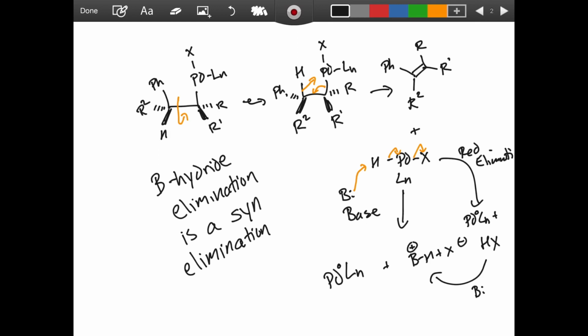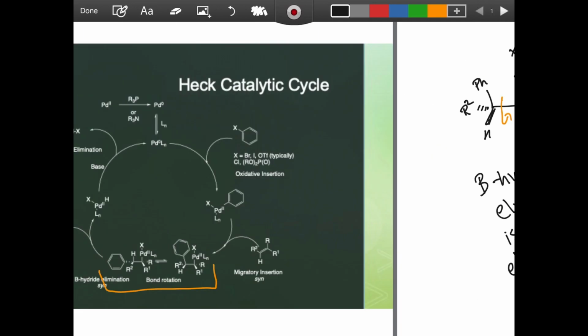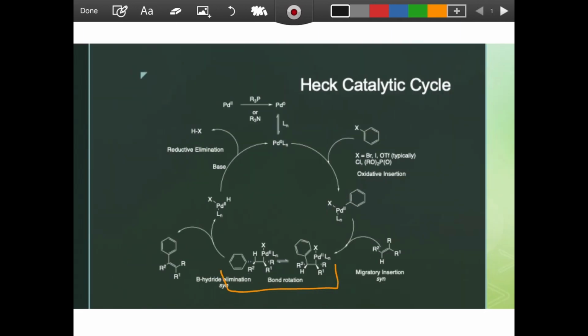So that's kind of the whole catalytic cycle. If we go back here, right? So you get your product over here. You have your palladium with the acid on it.